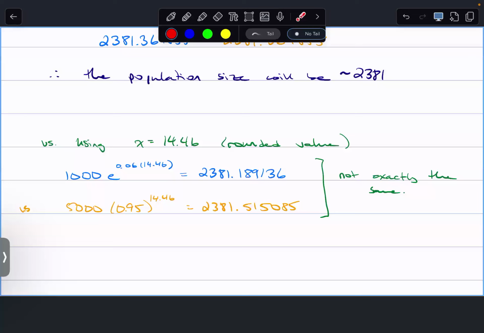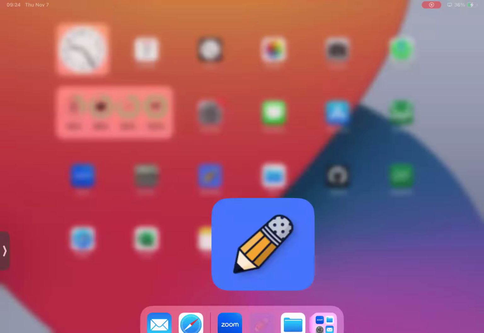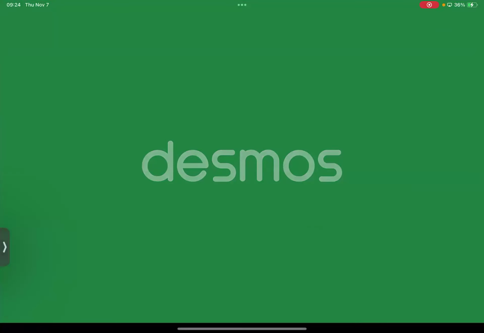Okay. On Desmos, the decimal is 14.6. Really? Let's see. That's weird.